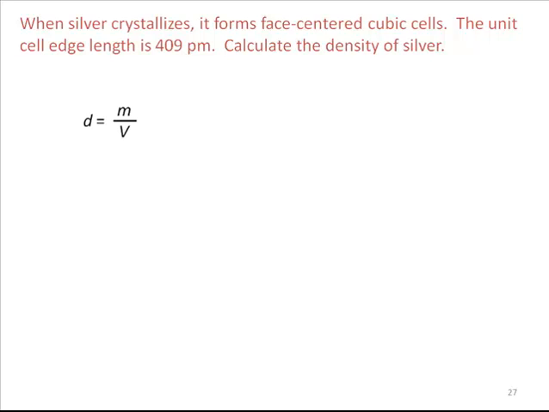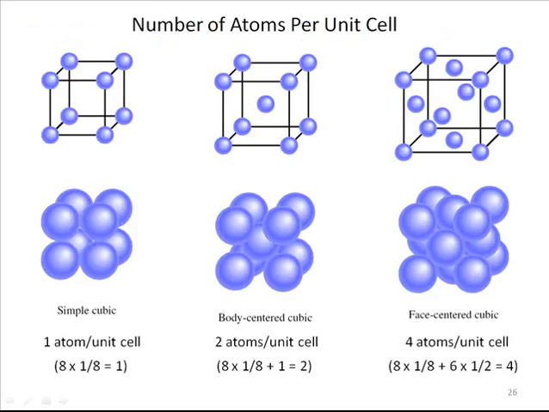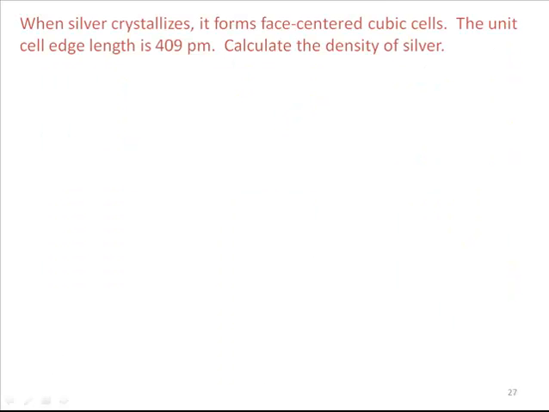So density is mass over unit volume. So the first thing we would need to know is how many atoms are in that space. So face-centered, there's going to be 4 atoms per unit cell. So that information here can help us out.